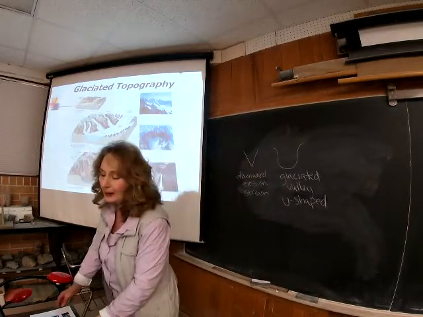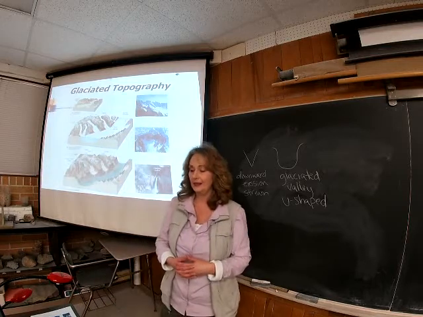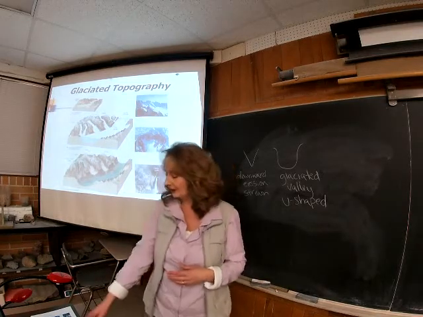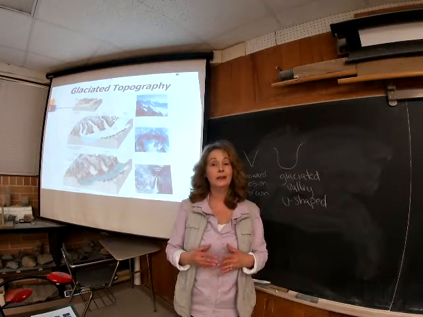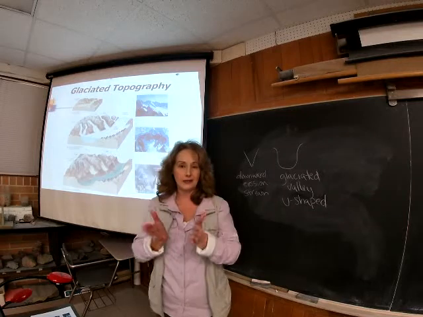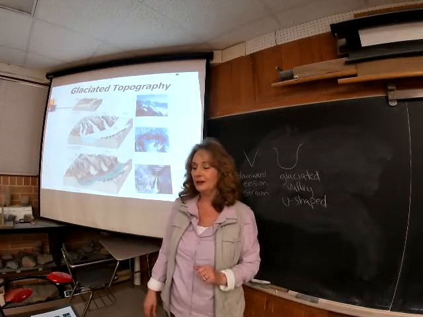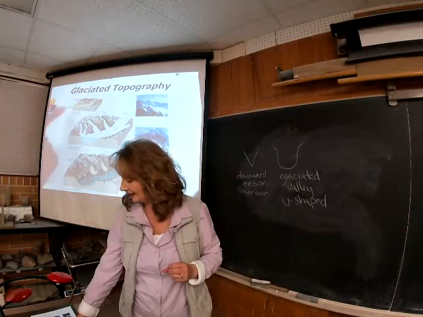So glaciated topography, where we've got erosion happening here, and they start here with the unglaciated topography, meaning a V shape. So we had a stream in there causing downward erosion, a narrow valley kind of shape.